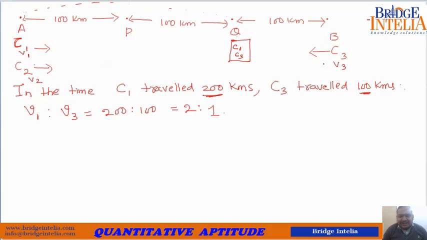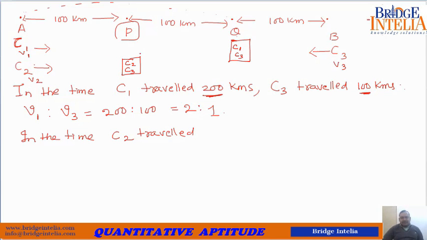Now coming to the second fact. This car kept on moving forward. For the second meeting, car 3 meets car 2 at P. So you can say in the time car 2 traveled how much? Because the second meeting has taken place at P. These two cars are meeting at P. Now forget about the first car, first car data is already with us.